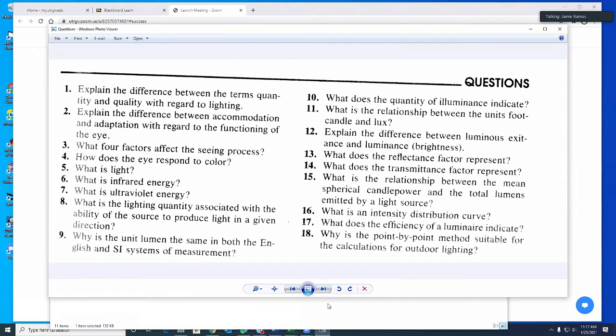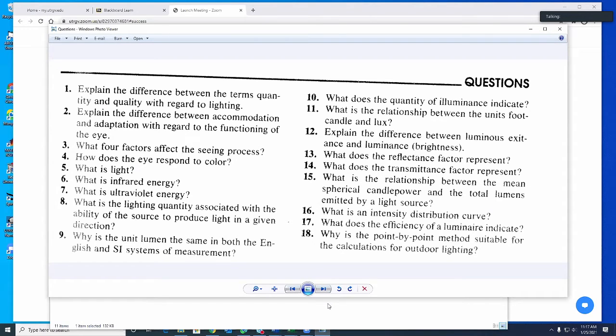Question 6, what is infrared energy? Question 7, what is ultraviolet energy? Those are the bands of the spectrum that become invisible to the human eye.